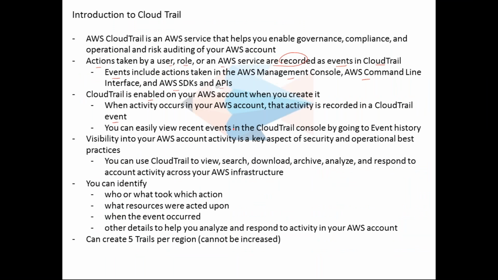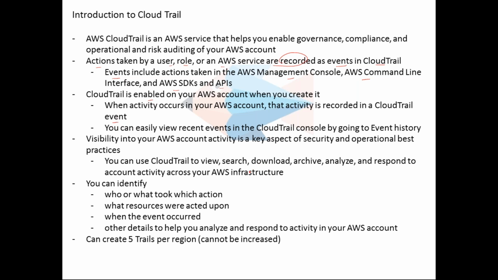Visibility into your AWS account activity is a key aspect of security and operational best practices. At any point of time, if your manager comes and asks who did that, when did it happen, what is the time, everything can be found in CloudTrail.